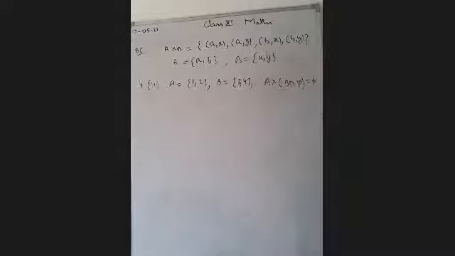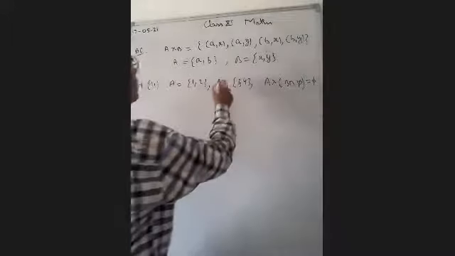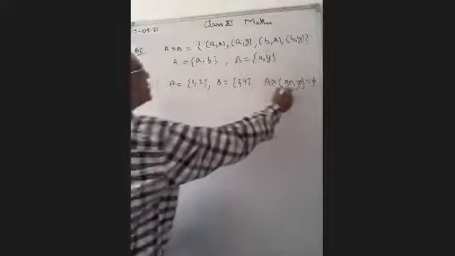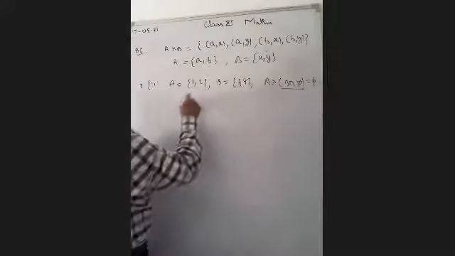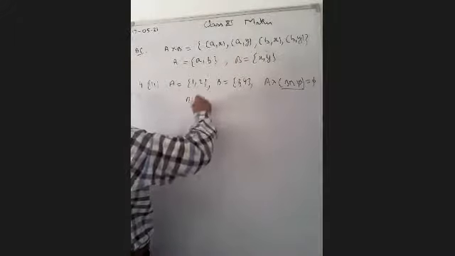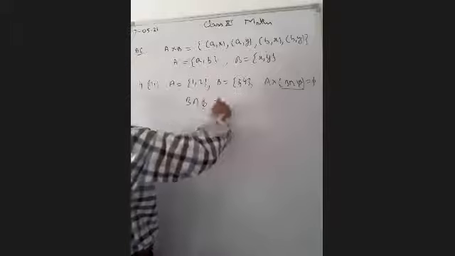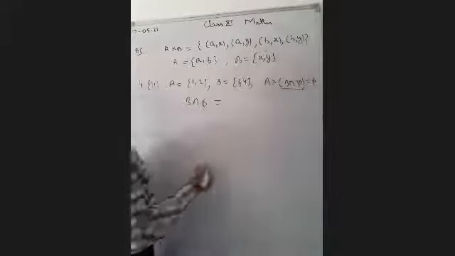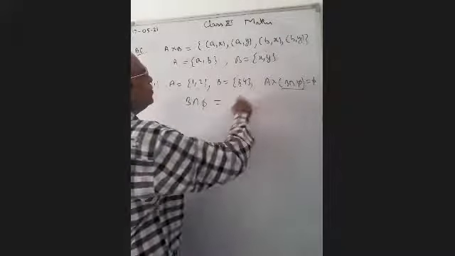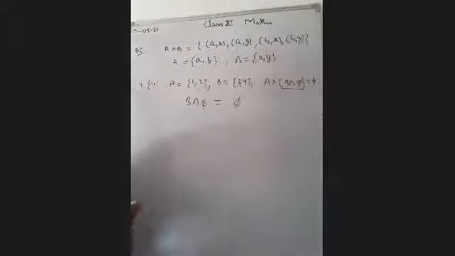Why is it true? I am telling you. First of all, we will find out the value of B intersection 5. What is the value of B intersection 5 equal to? If we take the intersection of any set with 5, then we get the empty set.